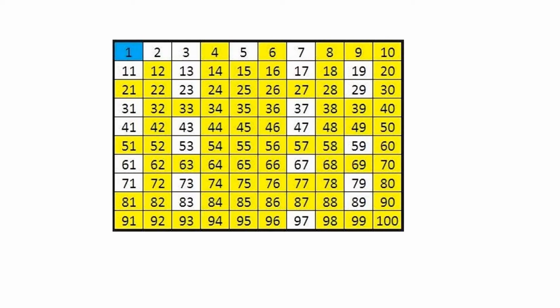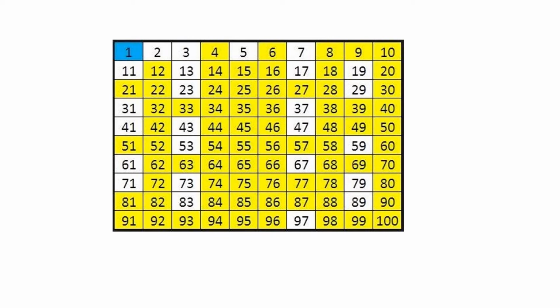Right. Now have a look at this table. There I have highlighted some numbers in yellow color, some numbers in white and only one number in blue color. So we'll see the difference. Using white color, I have highlighted the prime numbers.